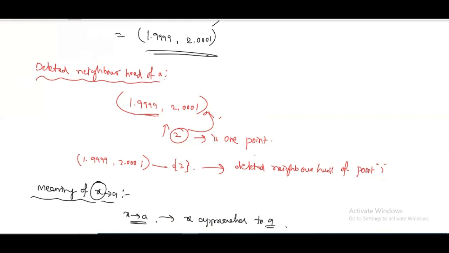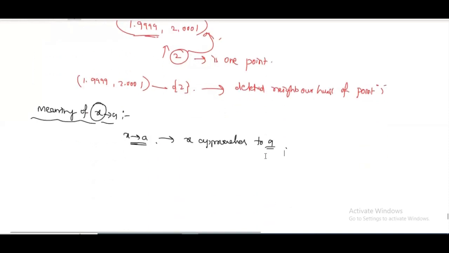Not exactly a, but very near, in the neighborhood of a. That may be from the left side that we approach a, or from the right side. Whichever it is, it is called x tending to a.